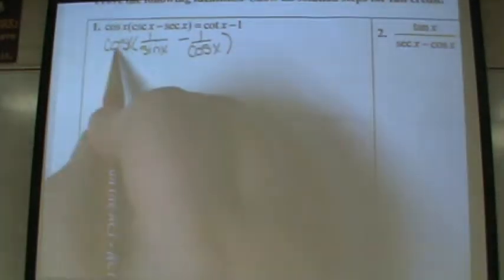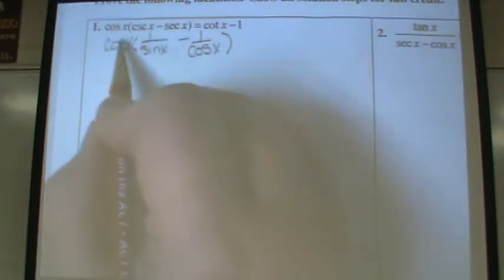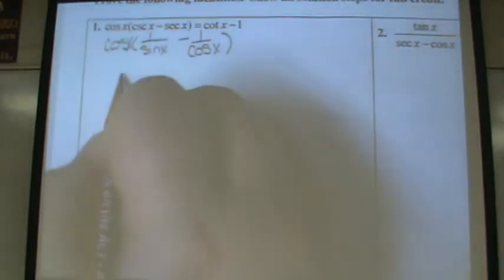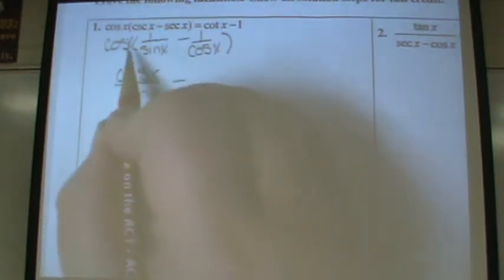Then we're going to distribute through this cosine x that's on the outside. So we're going to have cosine x over sine x minus cosine x over cosine x, distributing that cosine through to both of these terms.